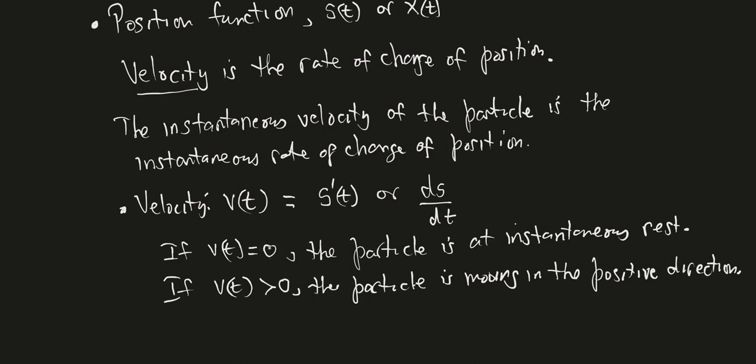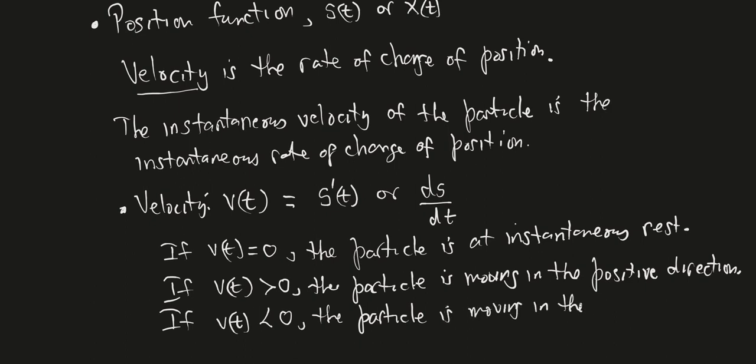A function is either 0, positive, or negative. So if the velocity is negative, then what that means is the particle is moving in the negative direction. So it's either headed towards the left or headed downwards. So all of that just by looking at the derivative, right?